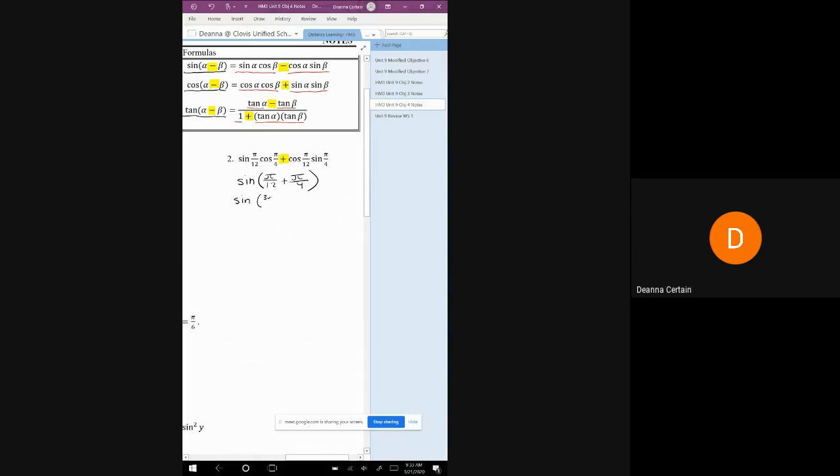This would be pi over 12 plus 3 pi over 12 for the pi over 4, which is sine of 4 pi over 12, or sine of, if I reduce that, pi over 3, which is an angle I know. Pi over 3 is in the first quadrant. It's the equivalent to the 60-degree angle. And so sine would be root 3 over 2.